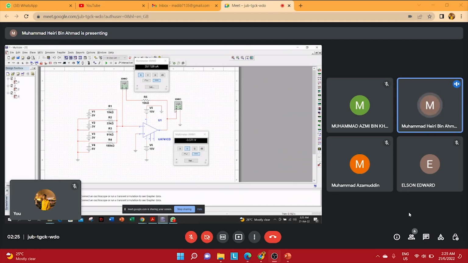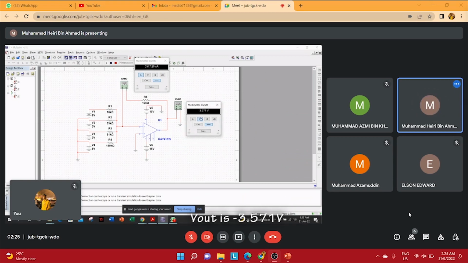For V out, I put the multimeter here and here, and connect to V out. And for IRF, this is for RF, to find the current. Okay, so I run. So this value is for current RF and this is for V out.